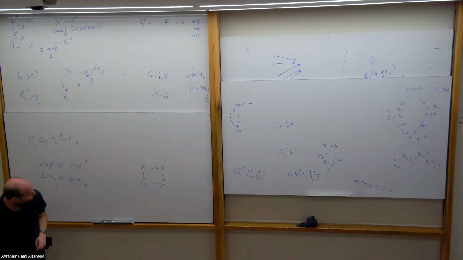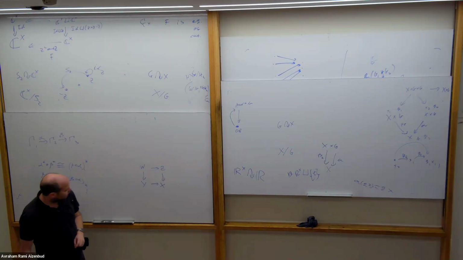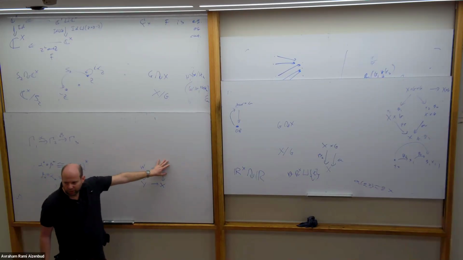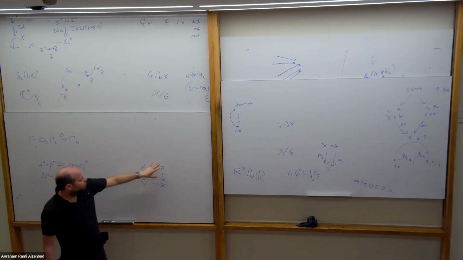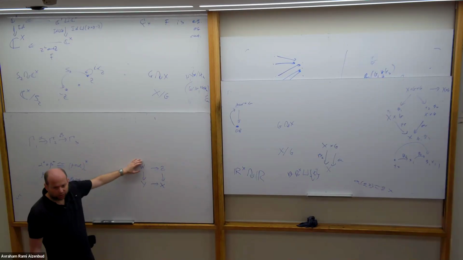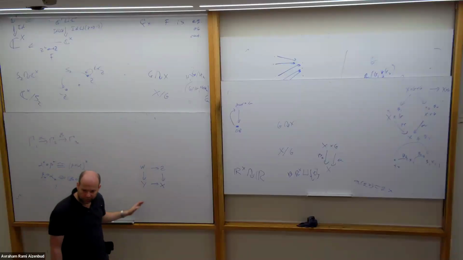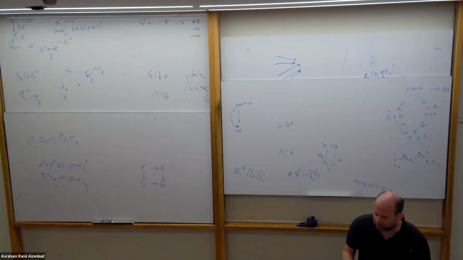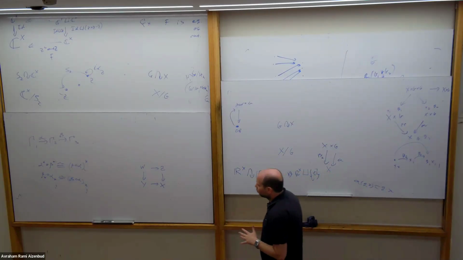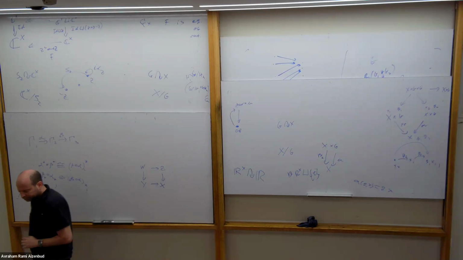You have an object here, and the idea is that you want to push it down here and then pull it back to here. And you can do it equivalently by first pulling it back here and then pushing it down. It depends how you pull it and how you push it, but the idea is that it should be the same.